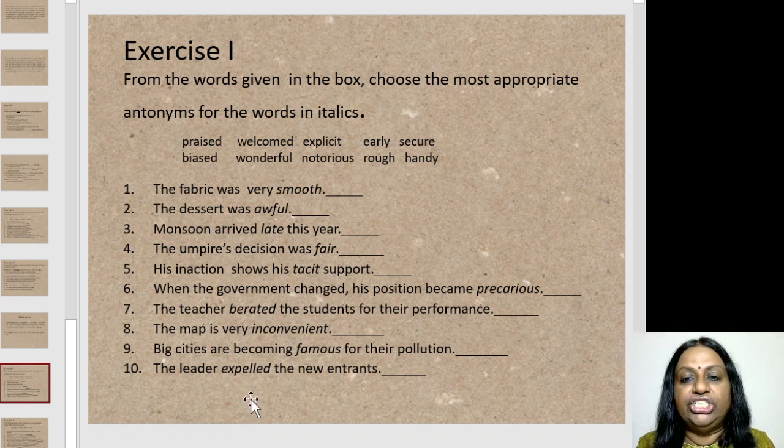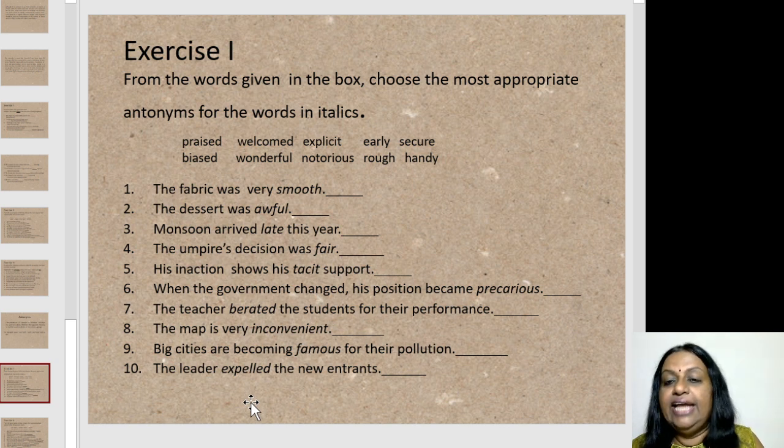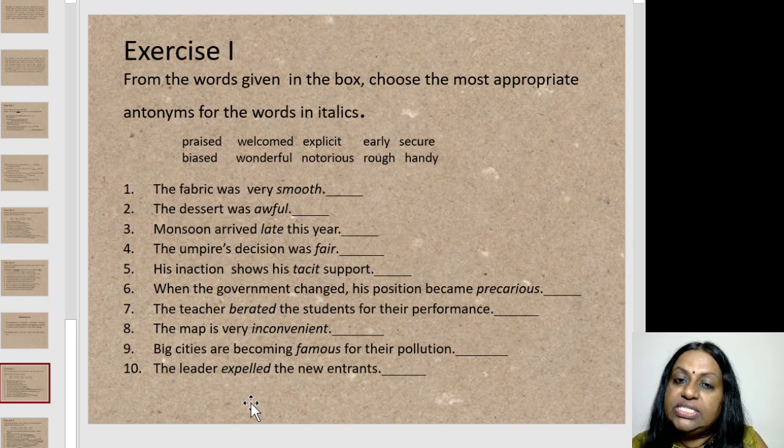Let's move on to the fifth question. His inaction shows his tacit support. So, if you don't know the meaning of tacit, you need to look up the meaning of tacit, and then look for the word which is opposite in meaning.